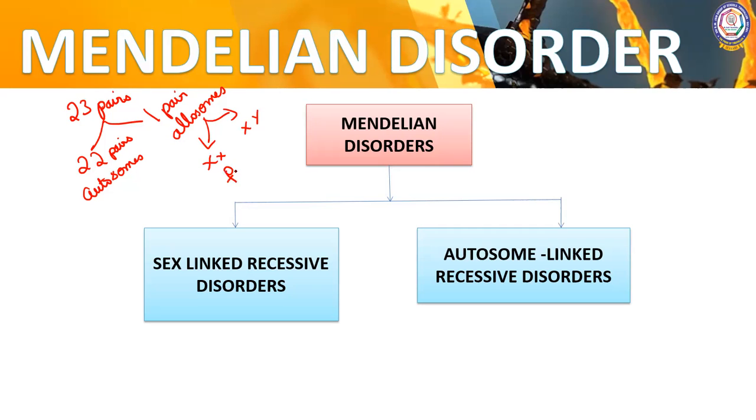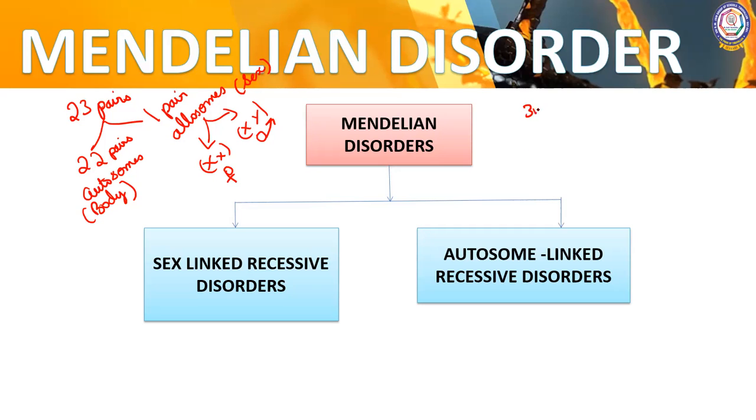This is female and this XY is male. The other body characters, otherwise you call it as body chromosomes, and this allosomes otherwise called as sex chromosomes, right? So in Mendelian disorder, two things we are going to discuss.